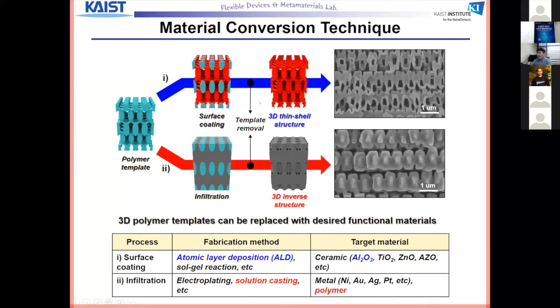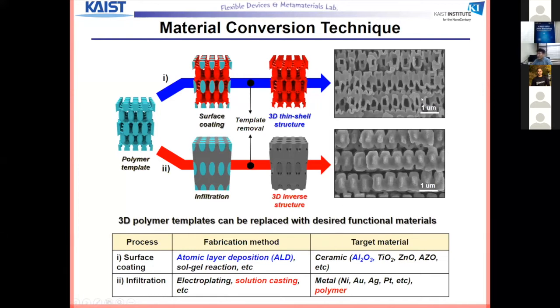So this is an example. If you do the ALD, all the complex surfaces of our 3D structure can be coated with oxide or metal, and then after burning out the polymer, we can make this 3D interconnected thin shell oxide structure. Or sometimes we just infiltrate by electroplating of metal, and then we burn out the polymer, and we can make these three-dimensional porous metal structures.